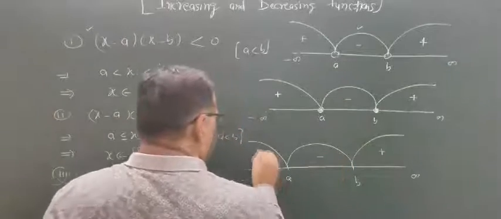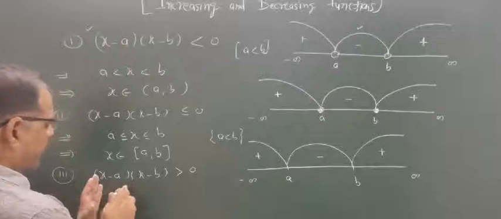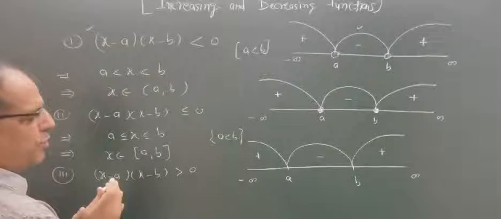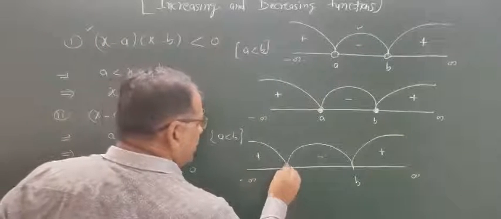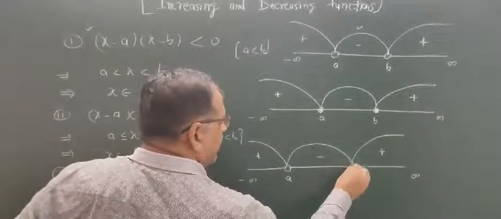Plus, minus, plus. So here we are observing, we want (x minus a)(x minus b) to be positive. So these are the hollow points because this value is never equal to 0. So we take hollow points here.